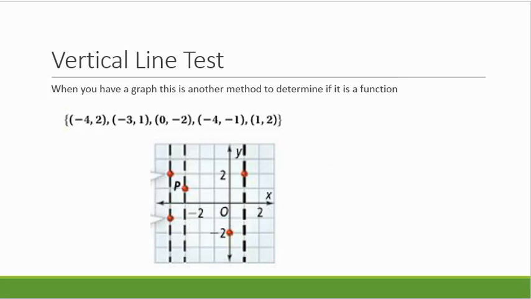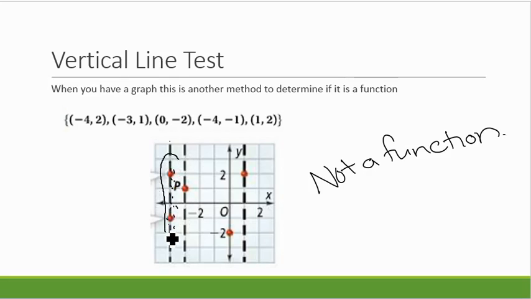Another way, if you have a graph, you can use a vertical line test. So in this case, they plotted all these points, and you want to make invisible vertical lines. Does any invisible vertical line hit more than one point? In this case right here, my vertical line hits more than one point.